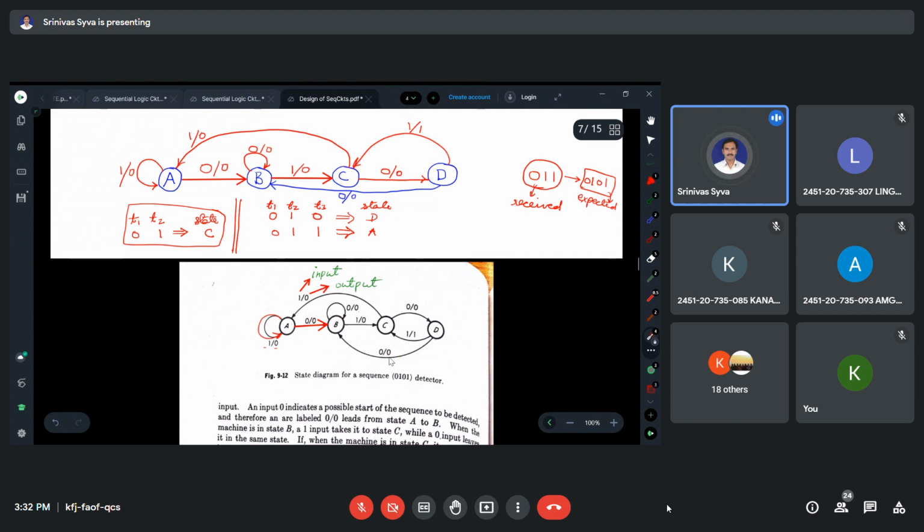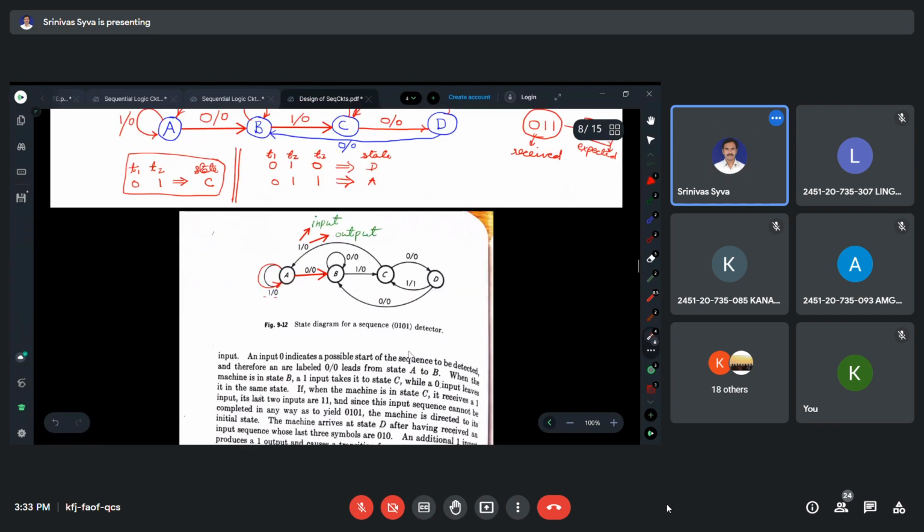So output remains at 0, and this transition is from D to B. Okay.